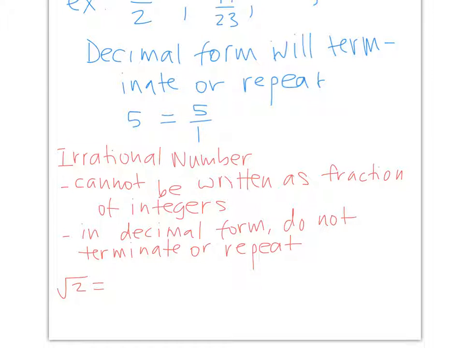If we find the decimal form of that, that's 1.4142135, and we could continue to write numbers for the rest of our lives because that decimal does not repeat and does not terminate. Another famous one is pi, which is 3.14159265 and so on. So we use irrational numbers all the time, but typically not in their decimal form. We use them in other forms like radicals and pi.